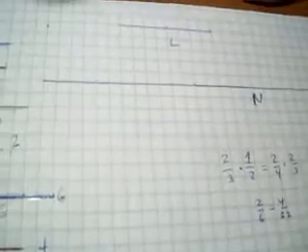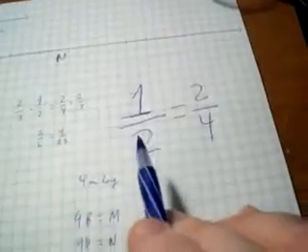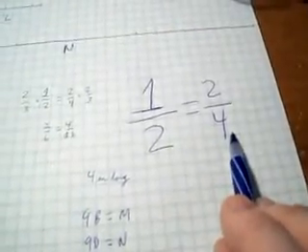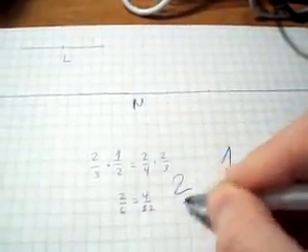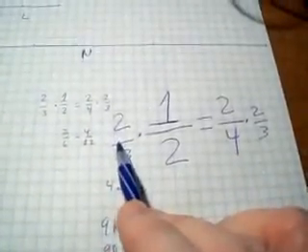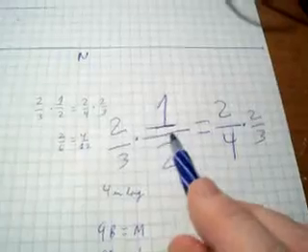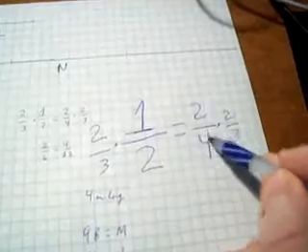Now let me just make this a lot simpler. At least I'm going to try to do this right here. If you have a fraction that says 1/2 is equal to 2/4, and you take both sides of this equation times 2/3, you're going to come up with a fraction that's 2/6 equaling 4/12.